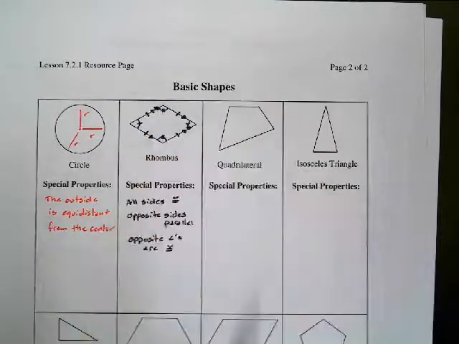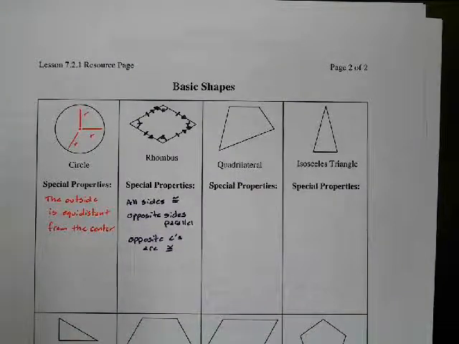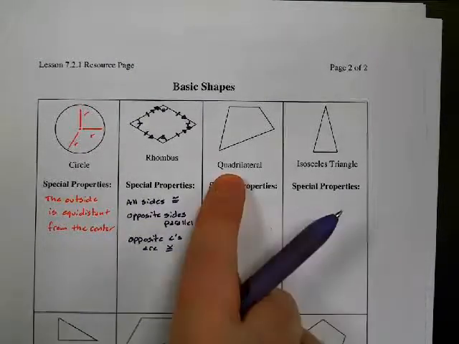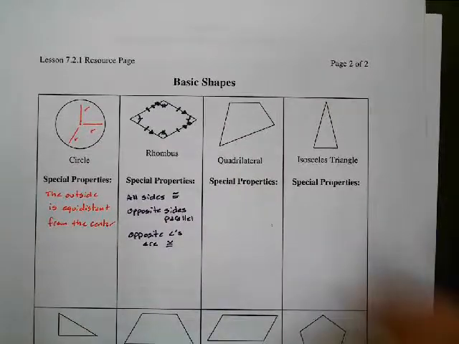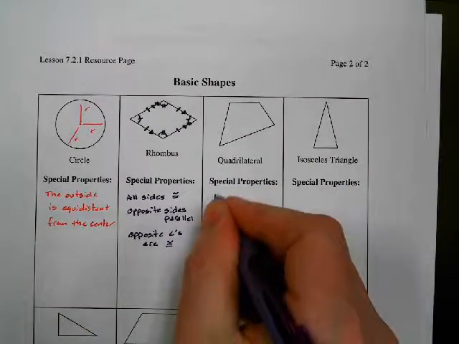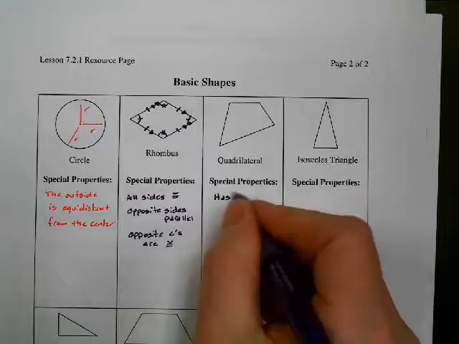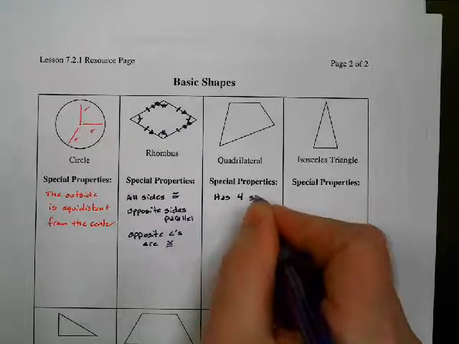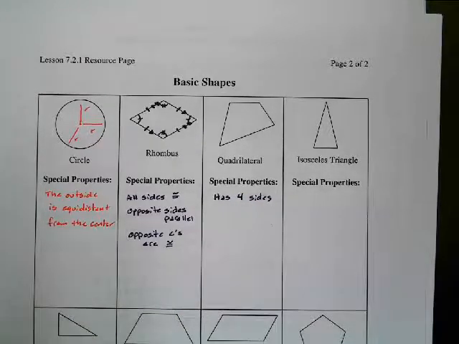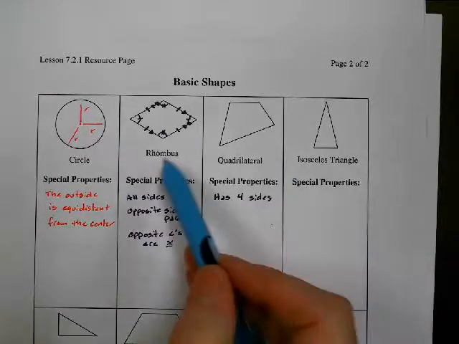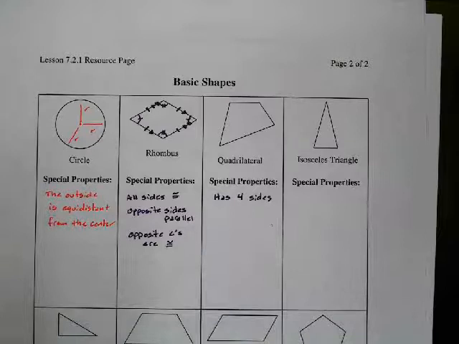All right, a quadrilateral. That just means it has four sides. Nothing special about it other than it having four sides. So technically, a rhombus is a quadrilateral because it has four sides. An isosceles triangle has two congruent sides.